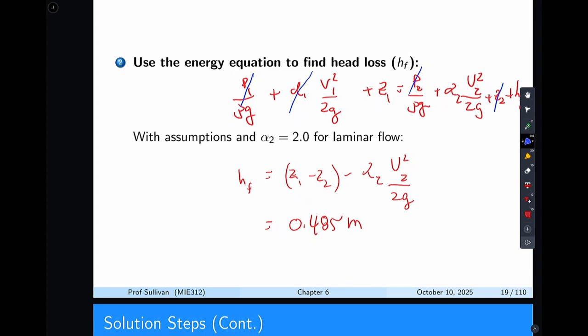So that's why you only end up with the last sets of terms. So the height difference, I think normally I would just say Z2, 0. So that's 0. So it ends up being Z1 minus alpha 2 V2 squared over 2G.